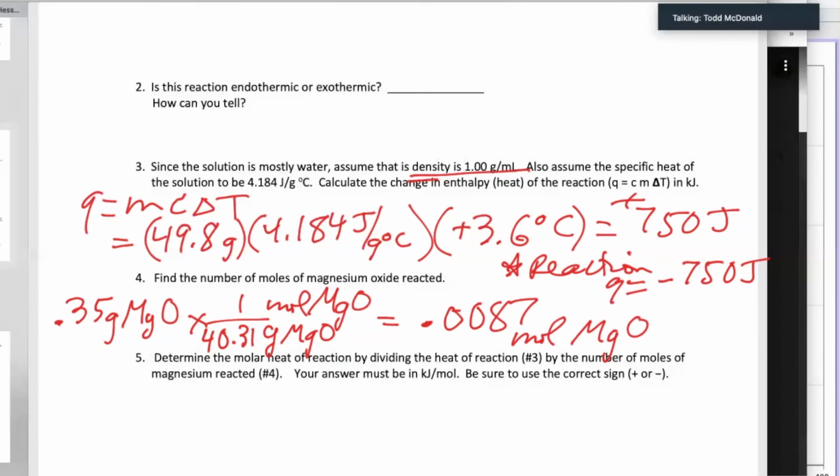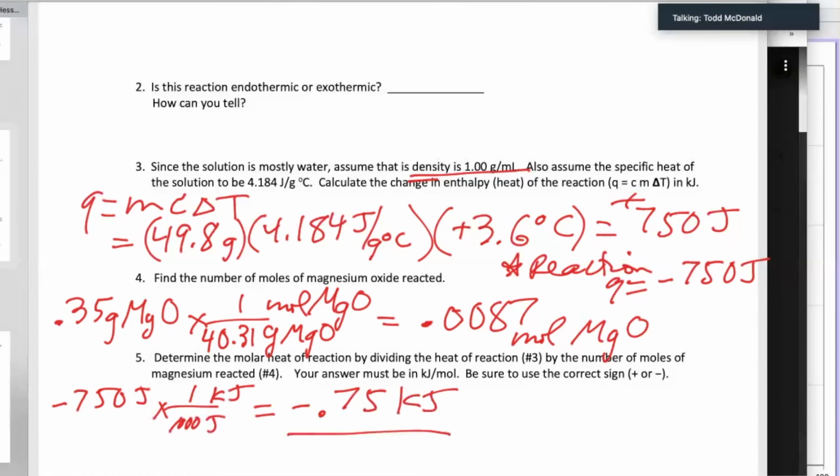So here's what we're going to do. If you go back to question 3, I wrote negative 750. So our negative 750 joules, we need to convert from joules to kilojoules by dividing by 1,000, right? So we're going to call this negative 0.75 kilojoules. Then we're going to divide it by the number of moles that we just calculated for magnesium oxide, which is 0.0087 moles of MgO.